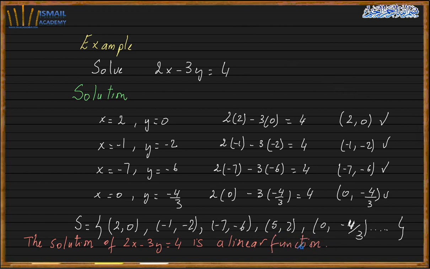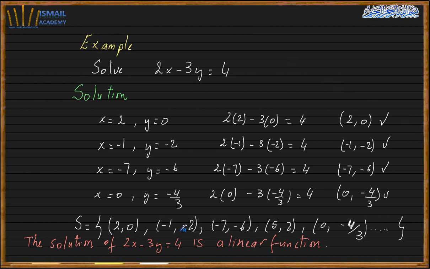So let me repeat what we said. We see that the solution is a set of ordered pairs. In the previous lesson, when we talked about relation and function, we said that a relation is a set of ordered pairs. So this set of ordered pairs, which is the solution of this equation, is a relation.